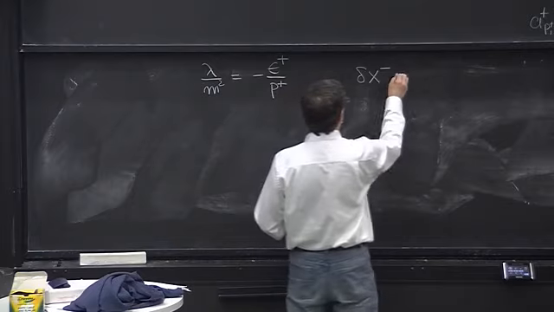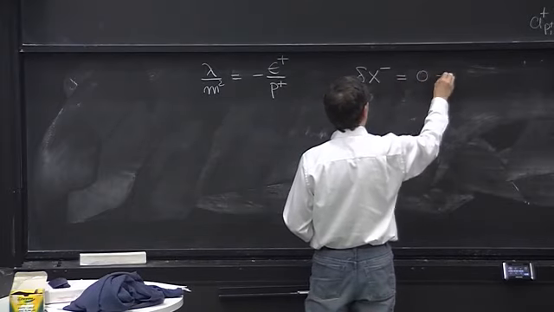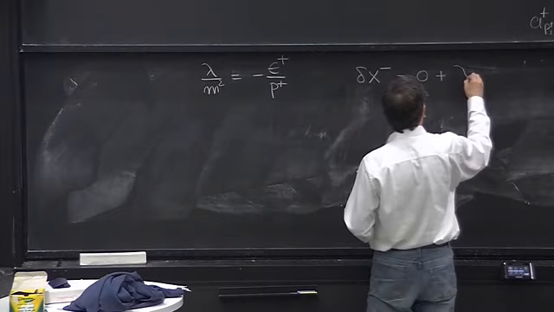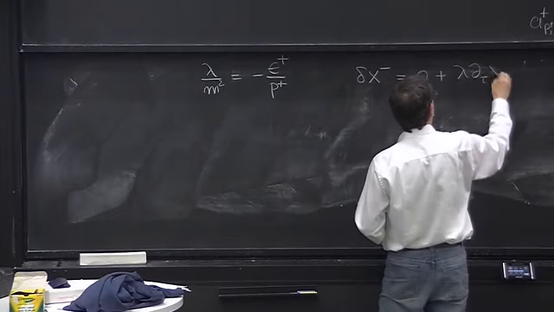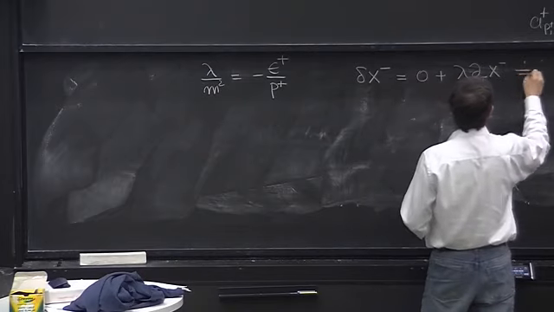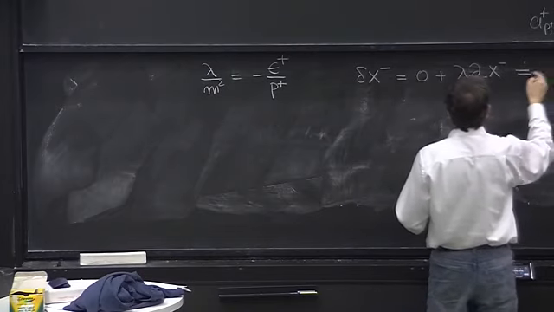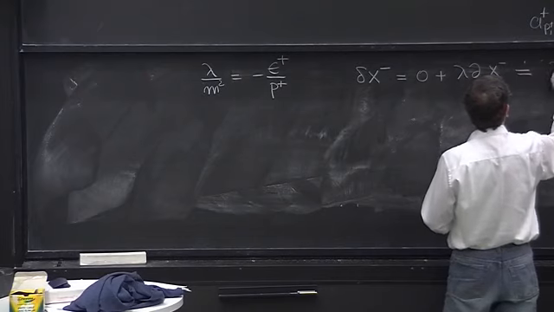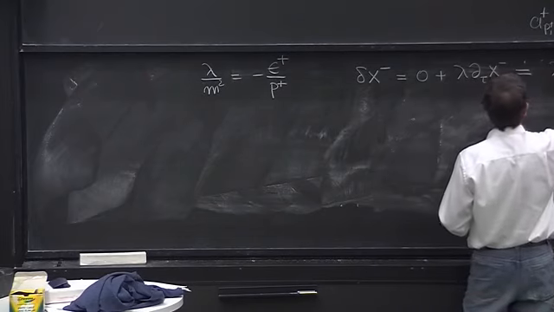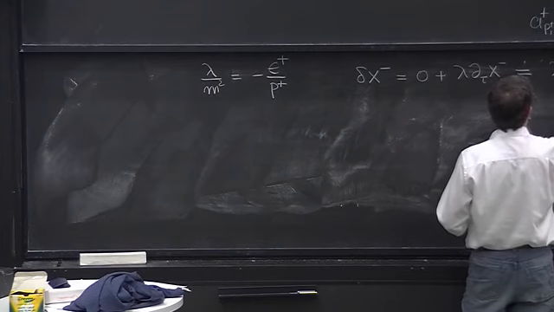Well, it doesn't translate it, so it should be 0, but it should still reparameterize x minus, so it should be lambda d tau x minus. And what is lambda? Lambda d tau x minus is lambda, and d tau of x minus is p minus over m squared.